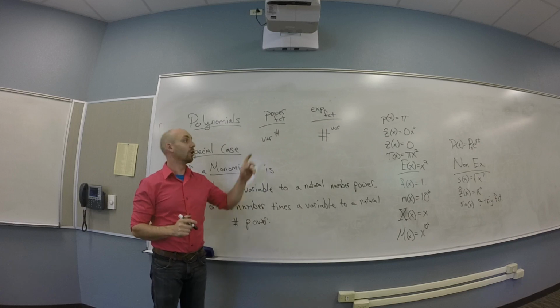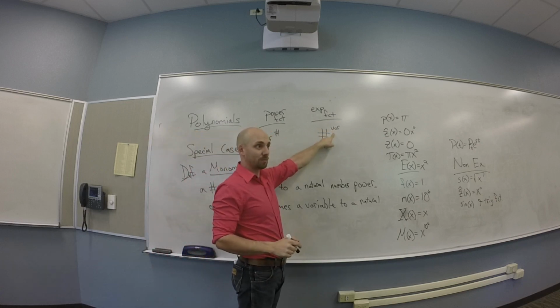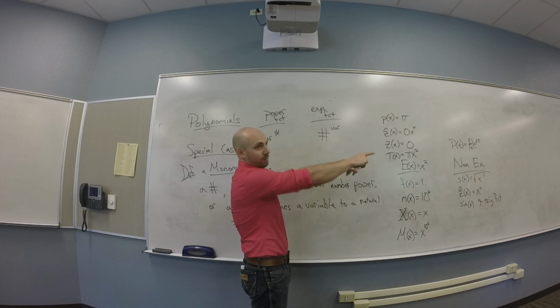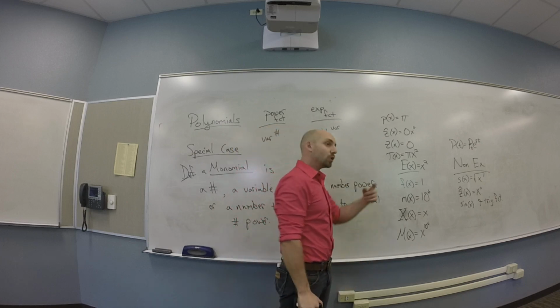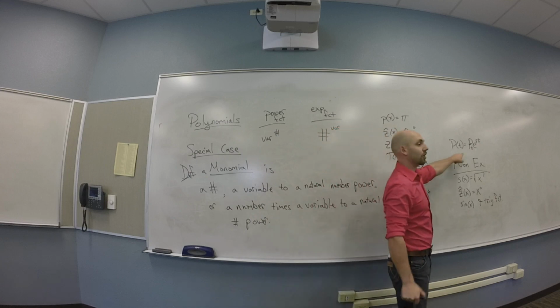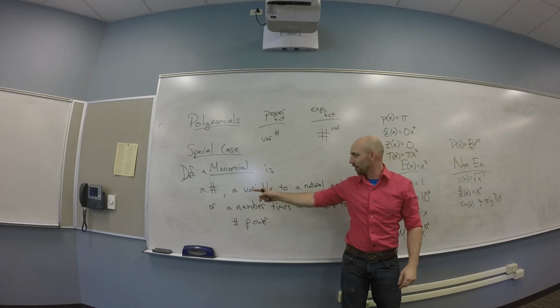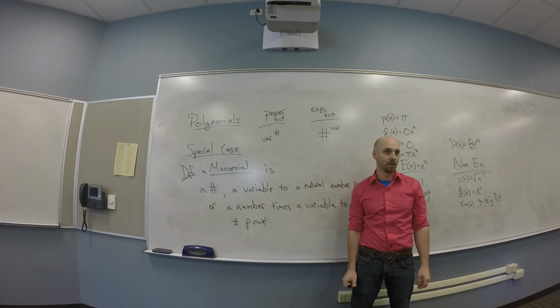So all the exponential functions, where the variables are in the exponent, are those ever going to be monomials? Nope. They're all going to be in the non-example pile. Most of the functions you guys know sit in the non-example pile. It's really special to be either a number, or a variable to a natural number power, or a number times a variable to a natural number power.